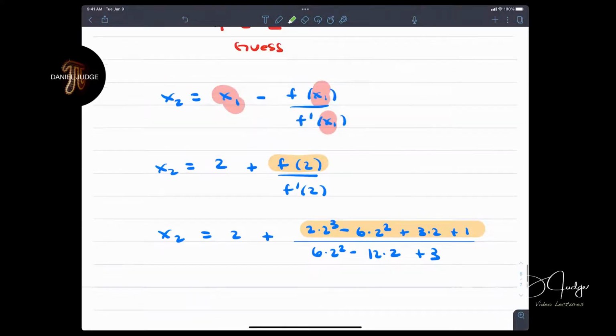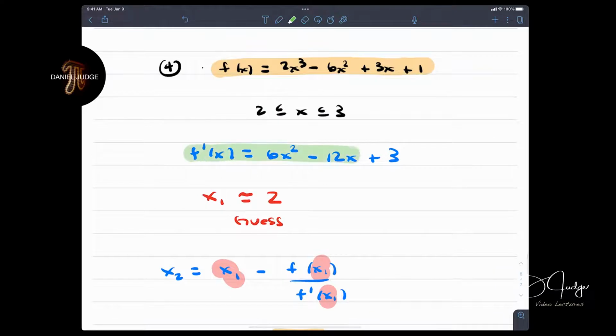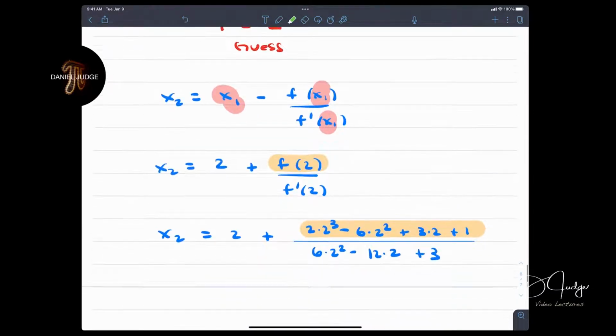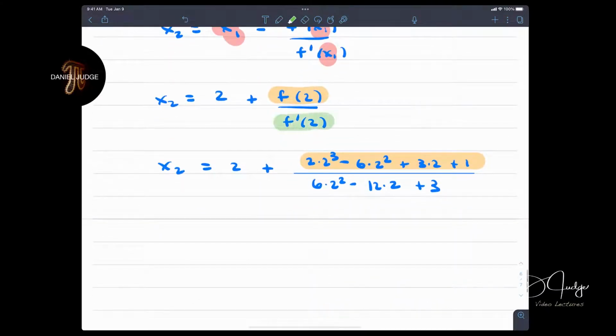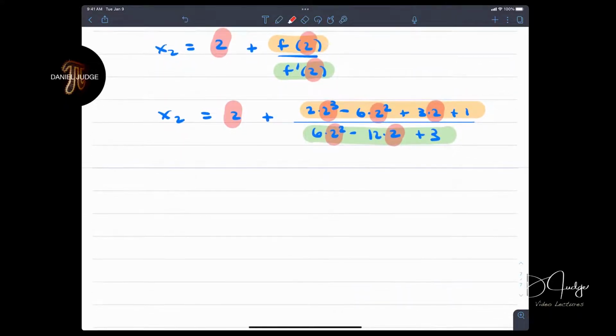The derivative is green. And your initial seed again was 2 here. So we plug in the 2, the initial guess, in each place. This kind of helps me to some degree, ladies and gentlemen.